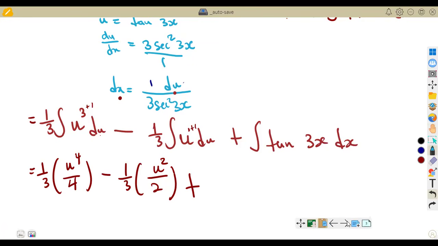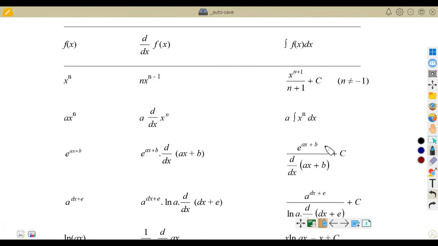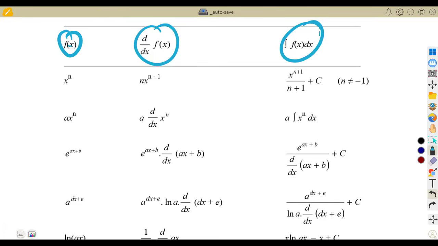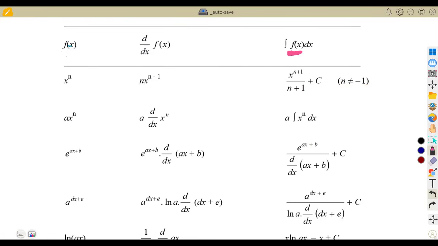So I'm just gonna explain from the formula sheet also, so that you also understand your formula sheet. So if you check on your formula sheet here under integrals, these are, this is a function of x, these are derivatives, these are integrals. So we want to focus under integrals. We are focusing under these integrals here. So we need where there's a tan.